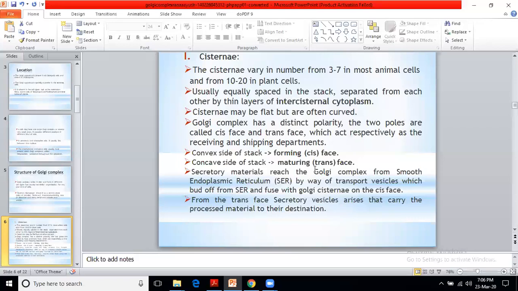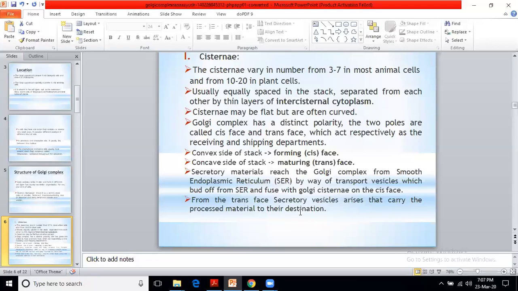So I think you will understand about this cis and trans phase. This is very important. Cis phase means receiving phase of Golgi. This phase receives the protein, enzymes, and other molecules, and trans phase is the releasing phase.